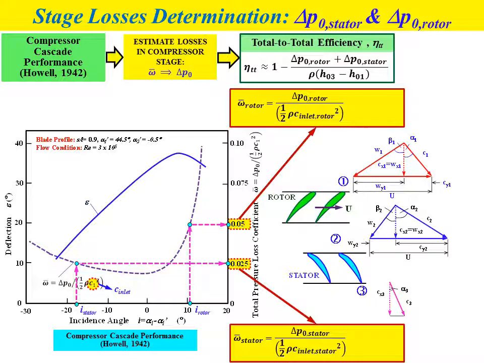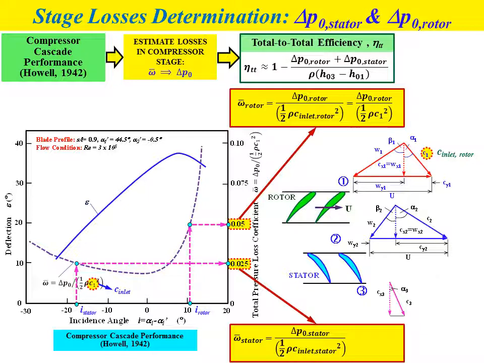If we look at the velocity diagram for the inlet of the rotor and the inlet of the stator, the inlet of the rotor is represented by condition number 1 and the inlet of the stator by condition number 2, as shown in the figure. So C1 in the velocity diagram represents the value of C inlet for the rotor.